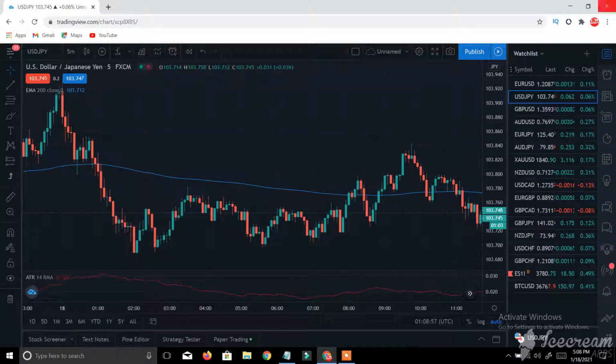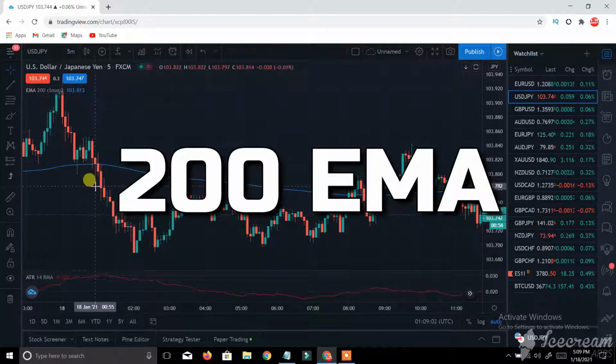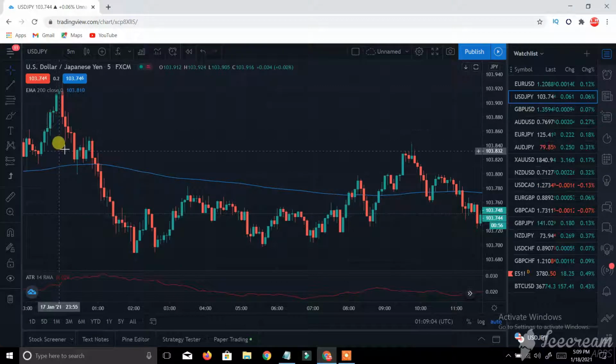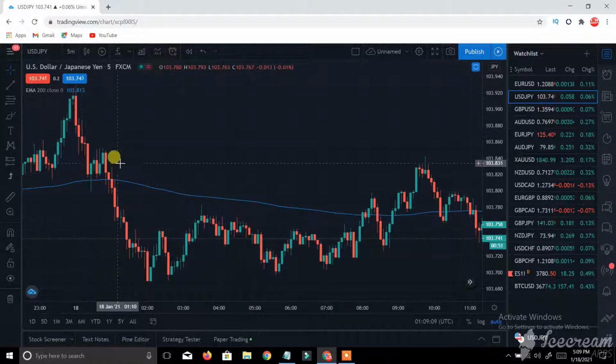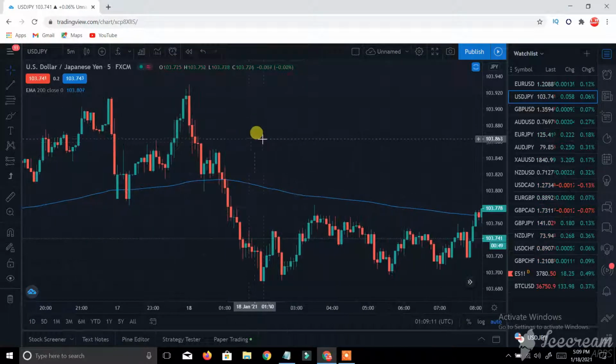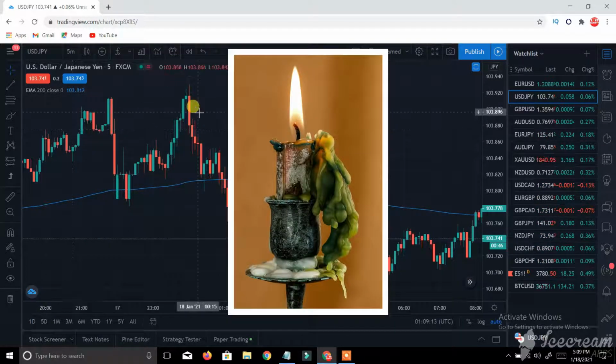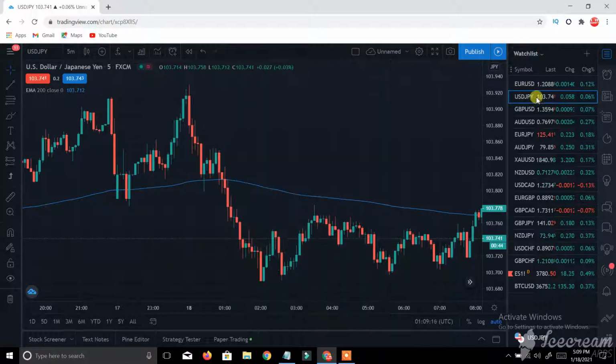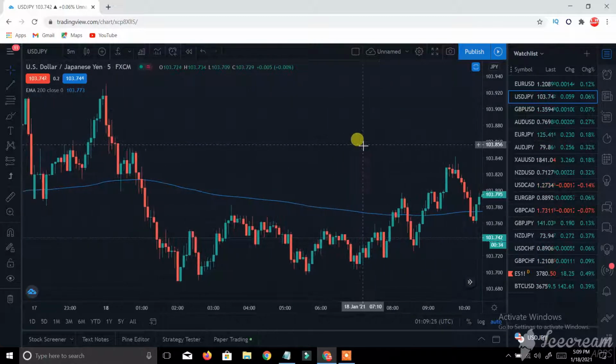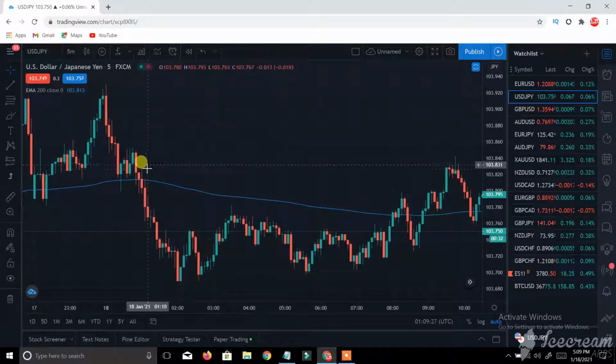All right, so the first thing is you need to use the 200 exponential moving average line on your chart. You also need a basic understanding of candlesticks and how this watch list works, and you need a lot of pairs to trade this, because if you're just waiting on one single currency pair, it's difficult to stay disciplined, as you'll want to jump the gun and take random trades.